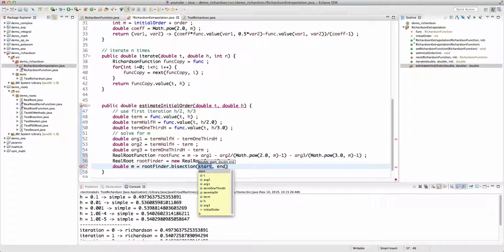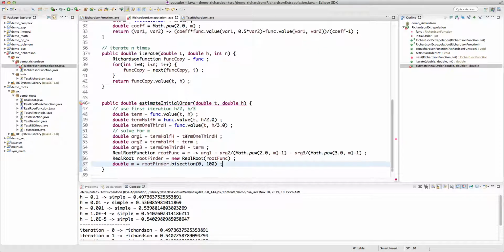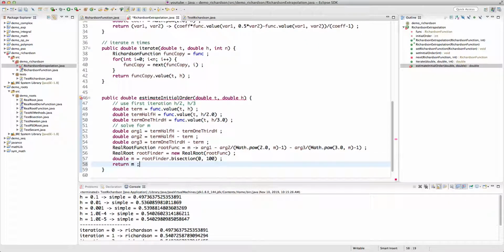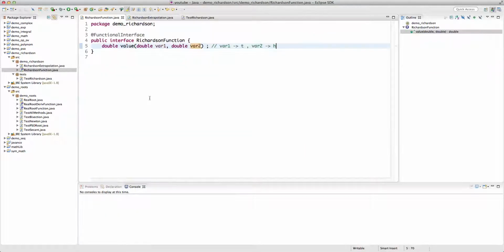Let's say m is between 0 and 100, and then we're going to return m. And remember, this m we're returning as a double value. We can cast it to int, but first let's go and test it.